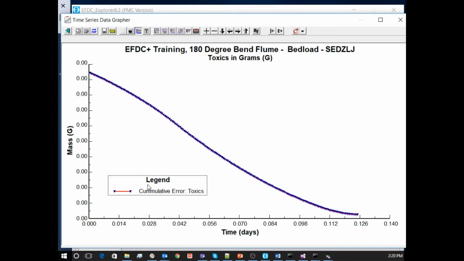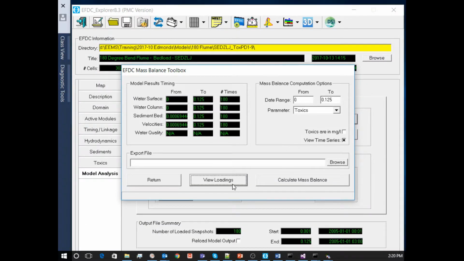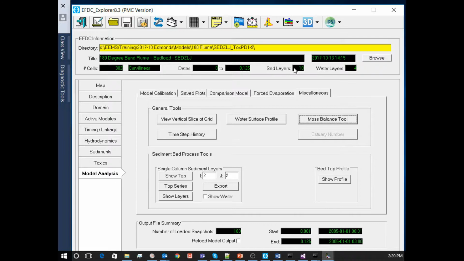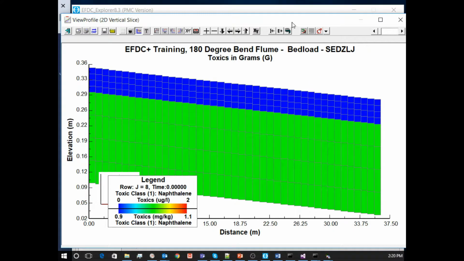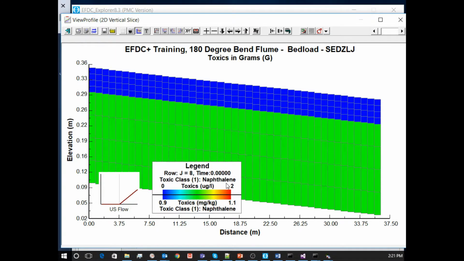Yeah. So that's the rate of volatilization loss in the system. I decreased my pore water. Let's look at the longitudinal profile and see if that is behaving as expected, which I should see things a little less tending toward blue in the sediment column.